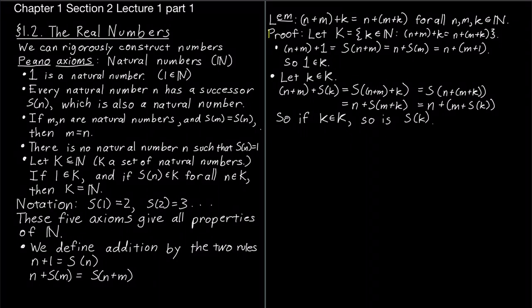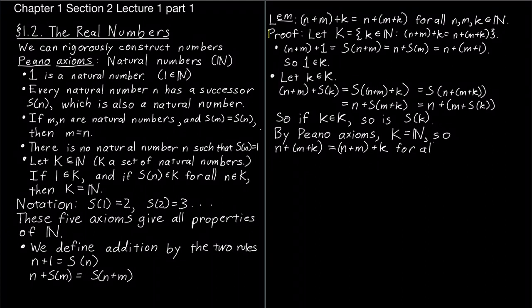And then by our Peano axioms, our set K is all the natural numbers. And so n plus m plus k is equal to n plus m plus k for all k.